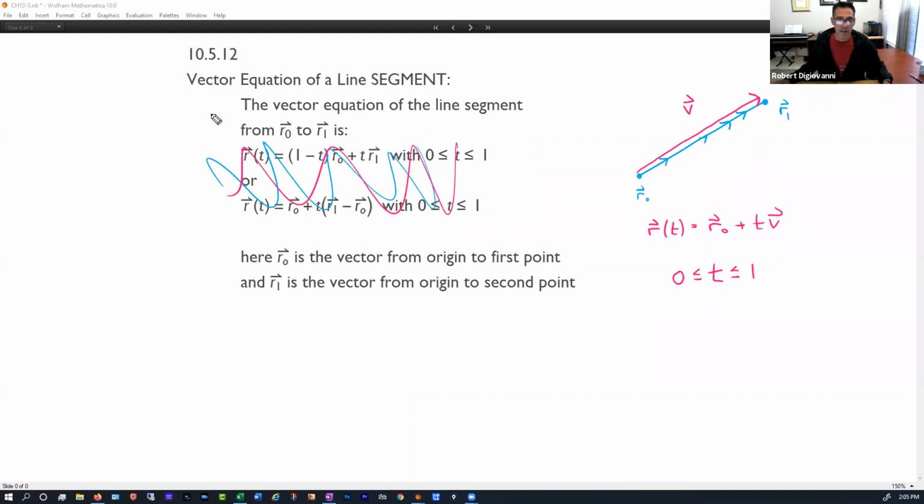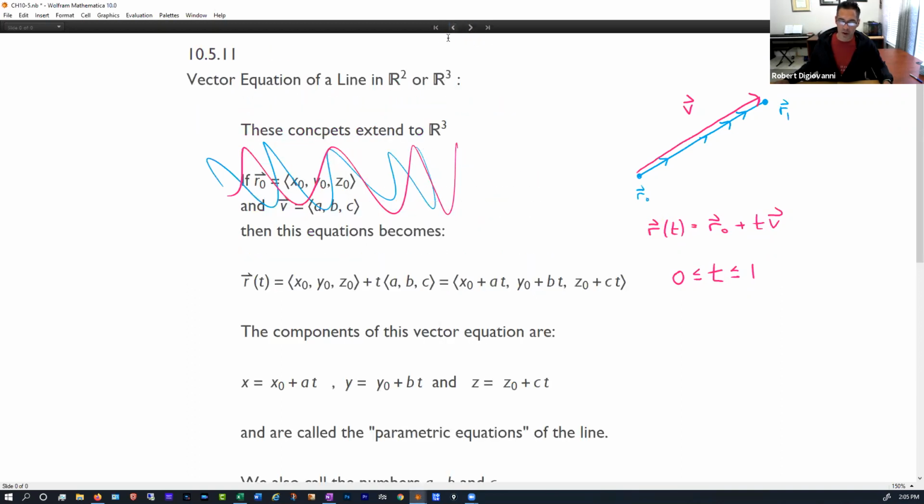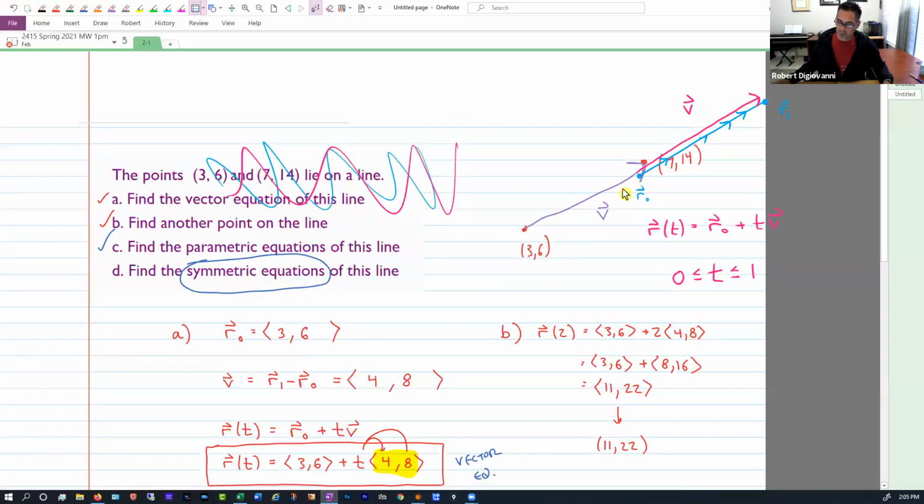We're going to do an example so you can see this in play. But just think: the line segment from r naught to r1 is just the same equation restricted between 0 and 1, and it should draw just that segment. And maybe that makes sense with what Fabiola was doing earlier, because I don't know if y'all remember when Fabiola was asked how we can come up with another point on the line. I think initially she said 1 or 2.